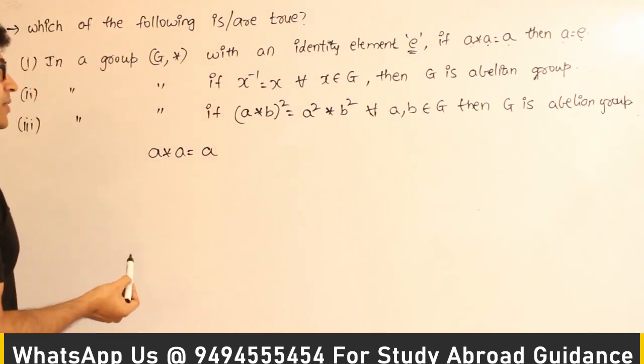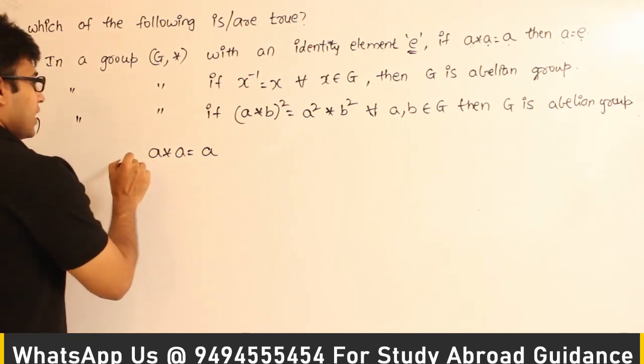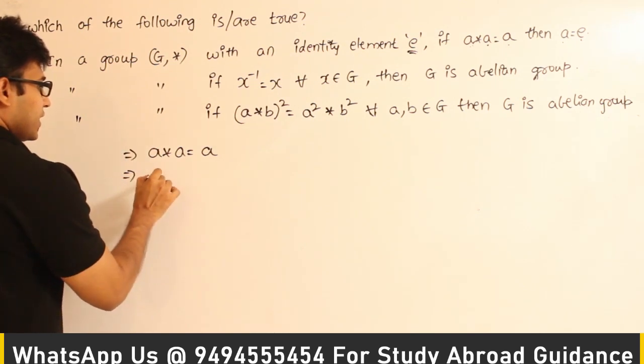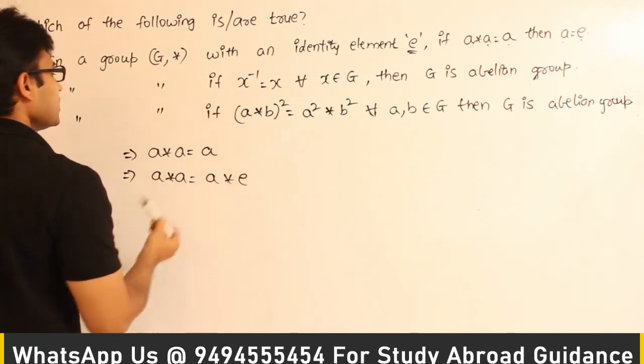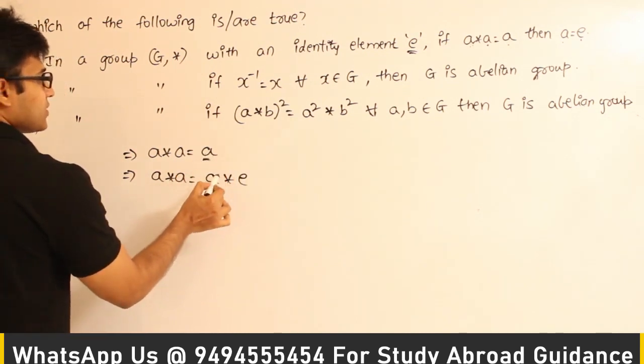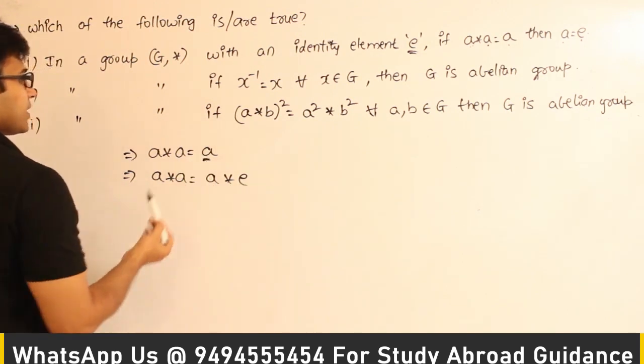Since E is the identity element, if I apply the operation with it to any element, it doesn't affect anything, right? Therefore I can take this one and write A star A equals A star E. Since A is equal to A star E because E is an identity element, I am directly writing it.